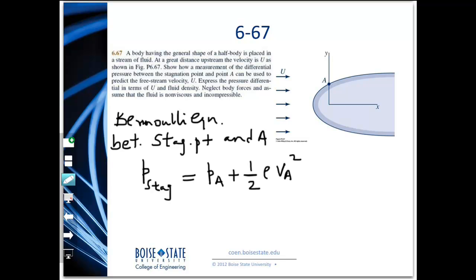Here we would have half rho V stagnation squared, but since it's a stagnation point, velocity will be 0, that's why you ignore that term here.